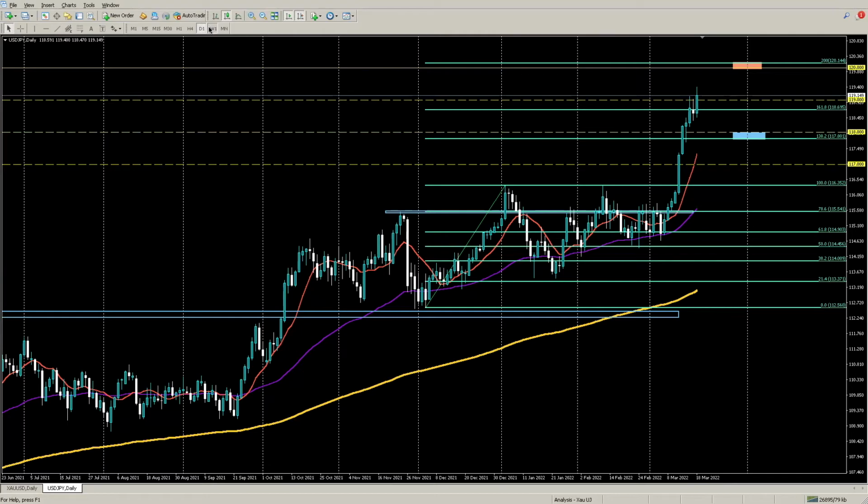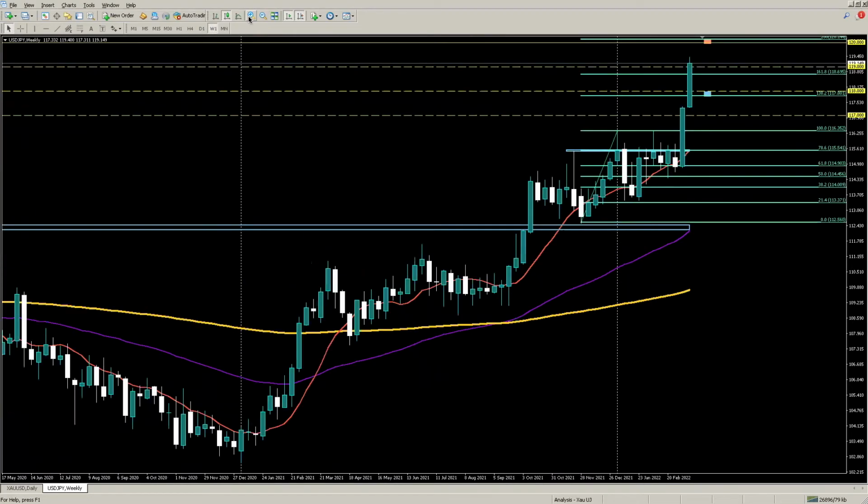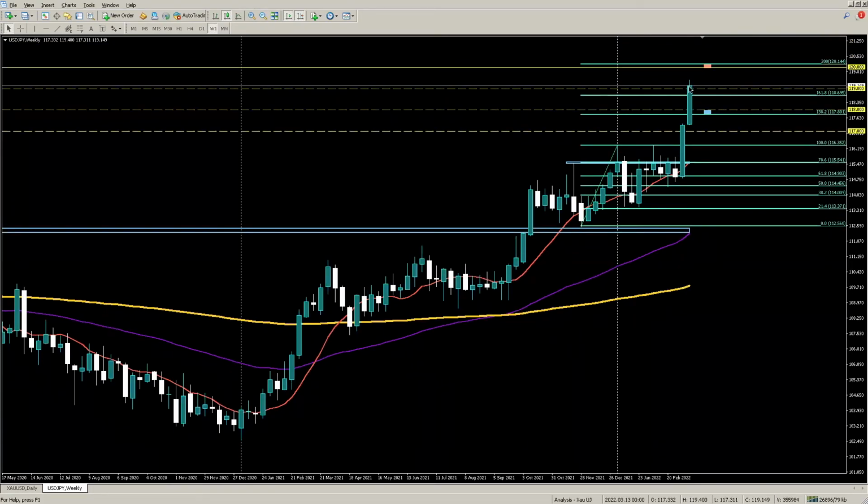And take a quick look on the weekly time frame, and that's definitely two bullish weeks there, and it's possible to extend the bullish momentum right into the 200 fib. So that is indeed possible.